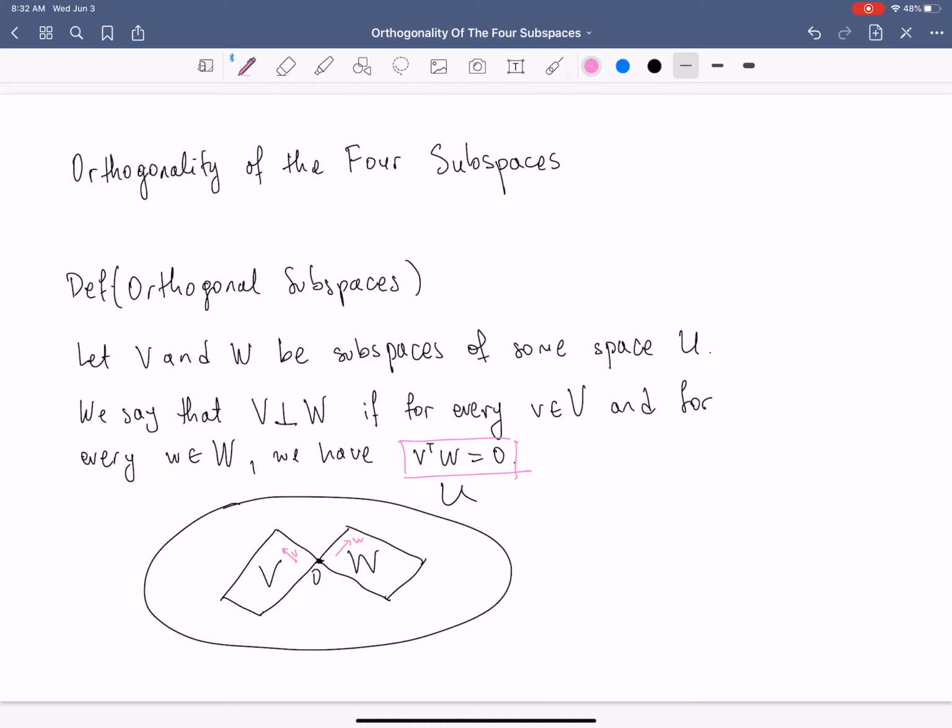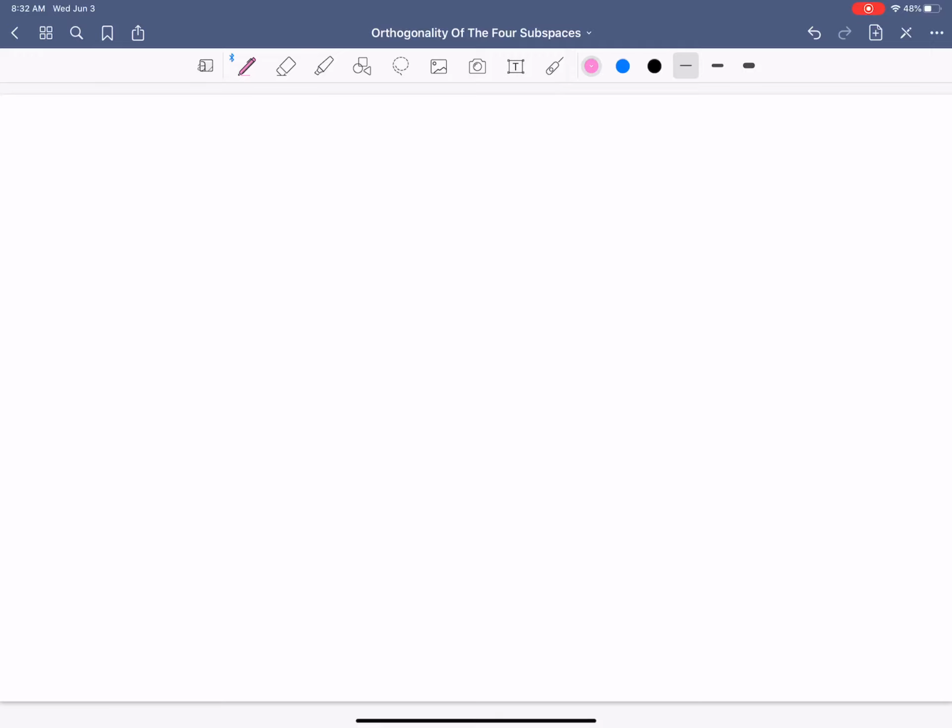So what are some examples of orthogonal subspaces? Well, the easiest thing to think about would be taking R3, so 3D space. Let's have a picture of that. So we could draw any vector like that.